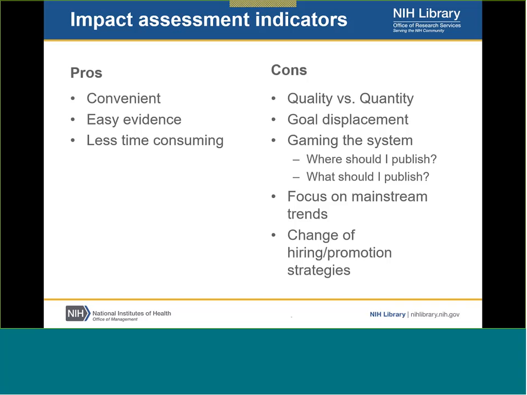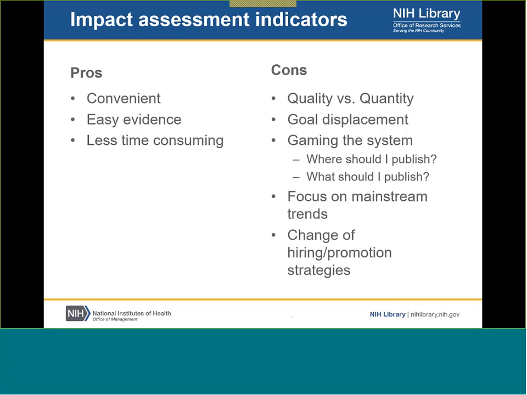Another possible problem is that people can always game the system. For example, if they know that some schools or programs emphasize specific journals or specific topics, they're going to think about where should I publish or what should I publish so that I can win or get more credits or get more scores, okay?